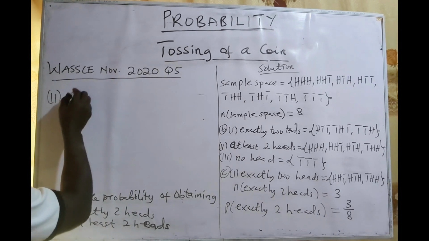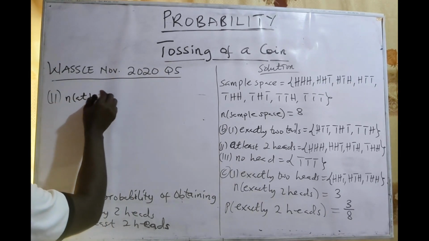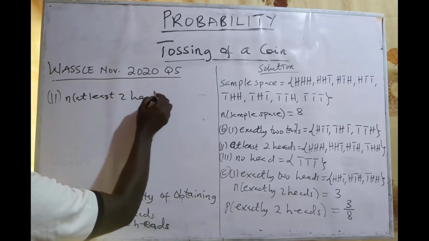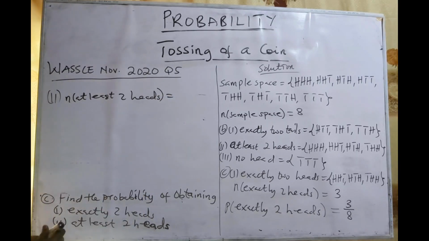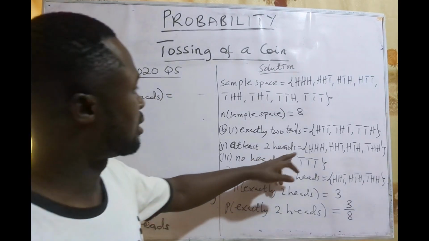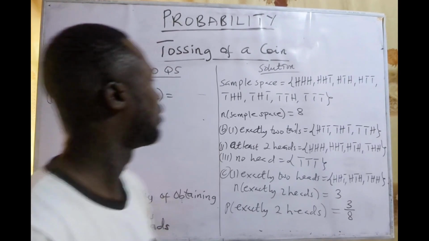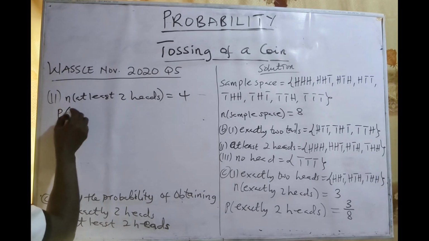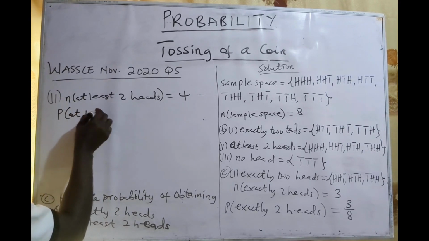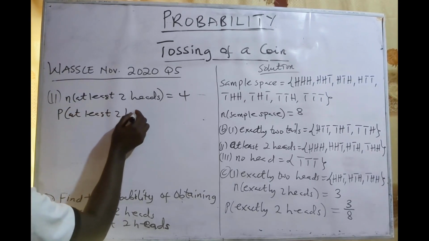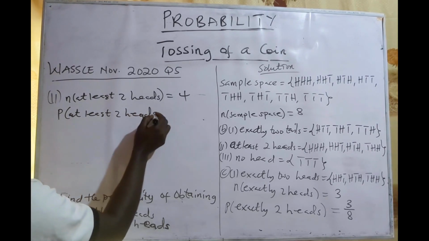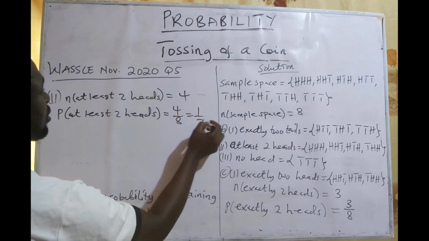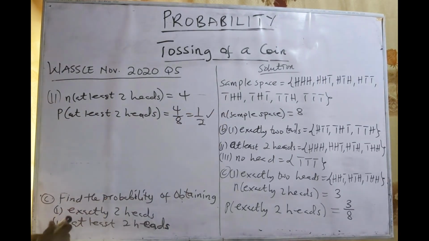So let's find the number of at least 2 heads. 1, 2, 3, 4. The number is 4. Therefore, the probability of at least 2 heads, we got 4 over 8, and that will give me 1 over what? 1 over 2.